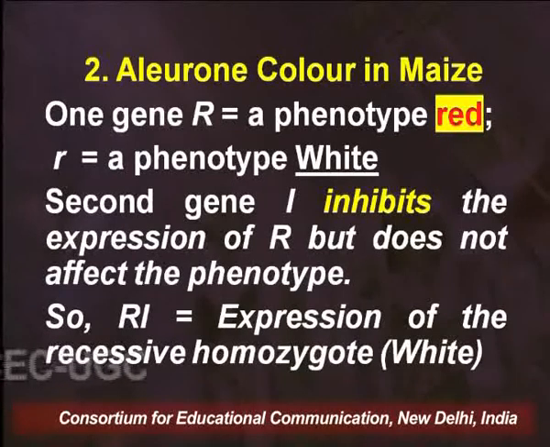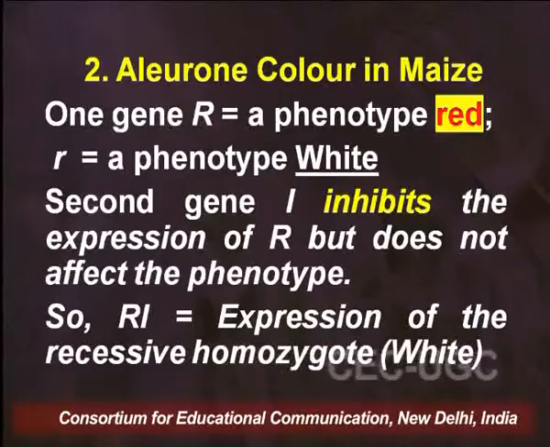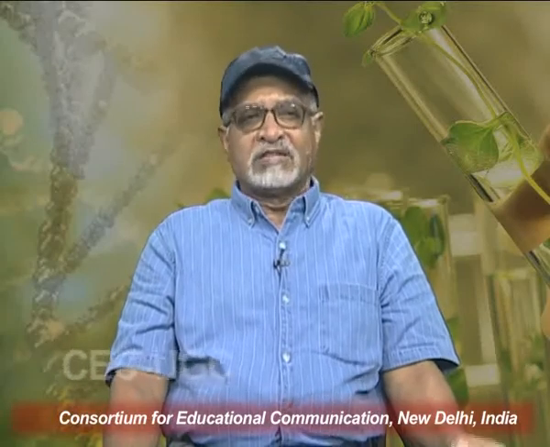There is again, like in the previous example, a second gene capital I. Now, this is going to inhibit the expression of R also, but it is not going to affect anything else. So, a situation of capital R and capital I definitely is going to be responsible for white coloration.